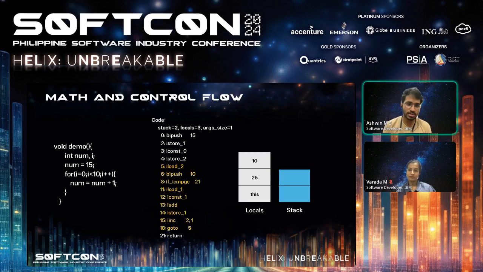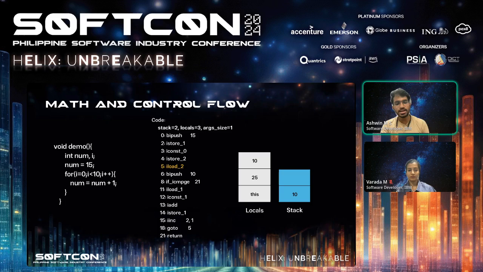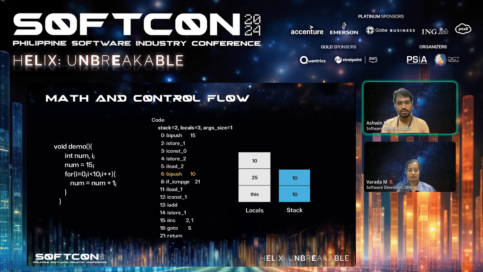Okay, so skipping towards the end of that method, at some point, the value of i will be 10 and the value of num will be 25. So let's consider a state where i became 10 and we are checking again whether the loop should continue or not. 10 is pushed onto the top of the stack, and then bipush 10 is being done.